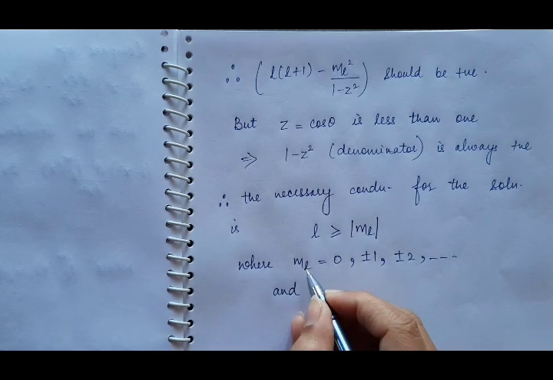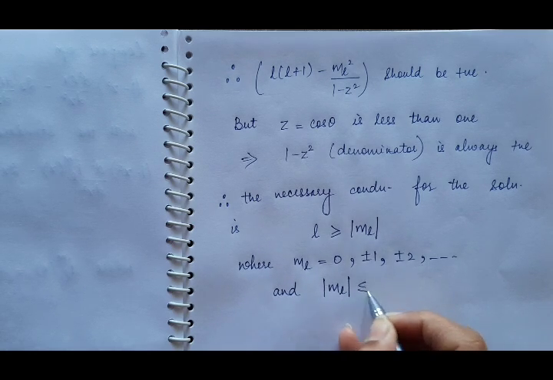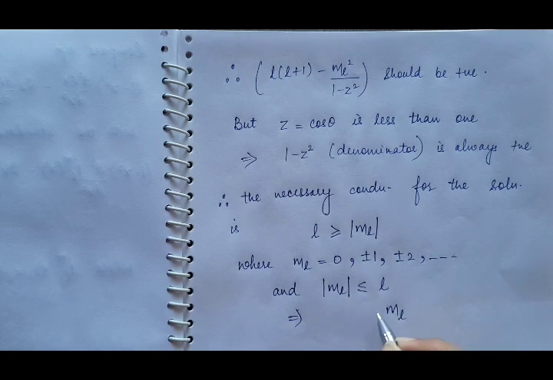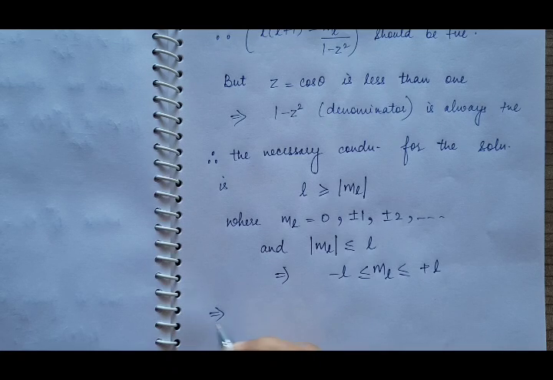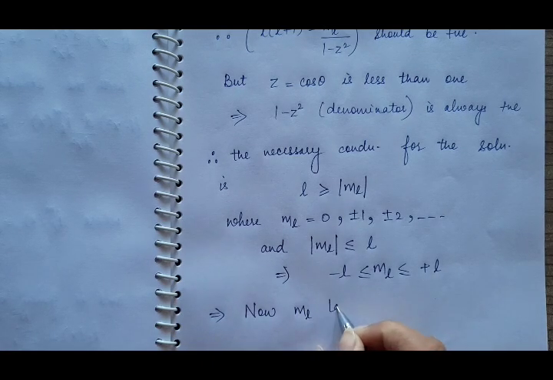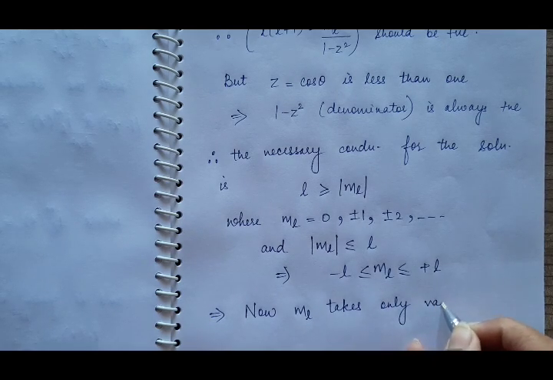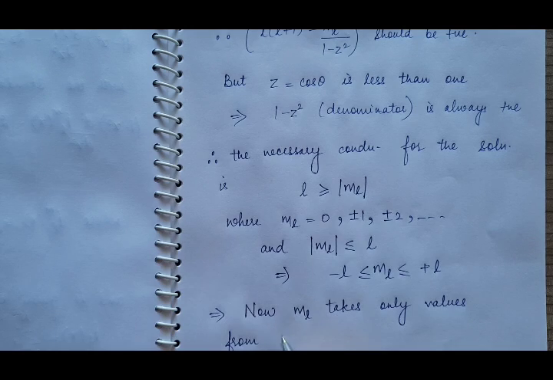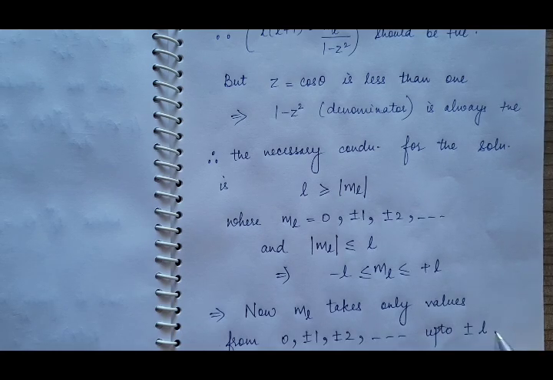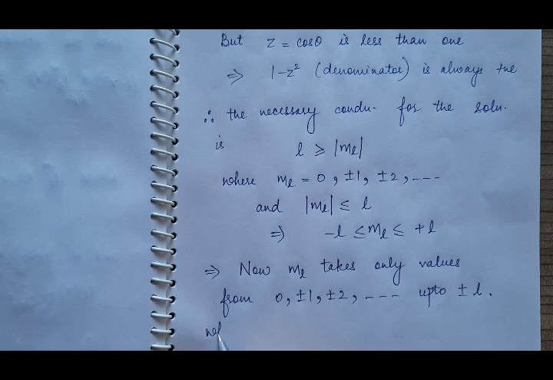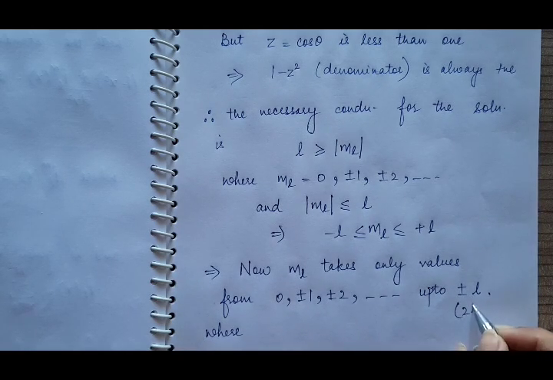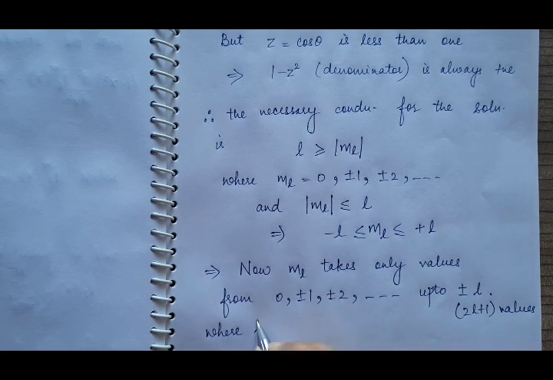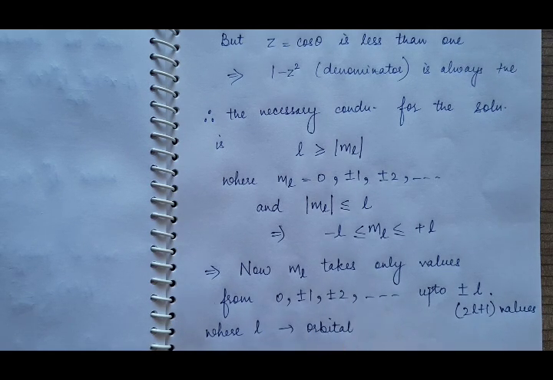There is another condition on M_L: its magnitude must be less than or equal to L. It means M_L lies between minus L and plus L. So there is a limit on the number of values of the magnetic quantum number M_L, which now takes only the values 0, plus minus 1, plus minus 2 and so on up to plus minus L, and these will be 2L plus 1 values in total. Here L is the orbital quantum number, about which we will discuss later in this chapter.